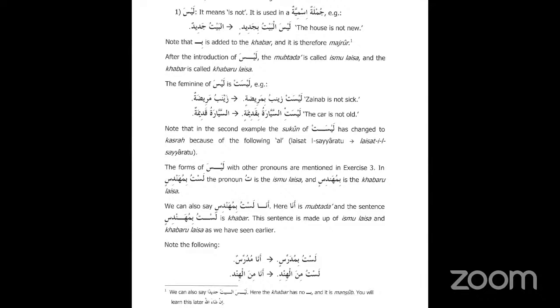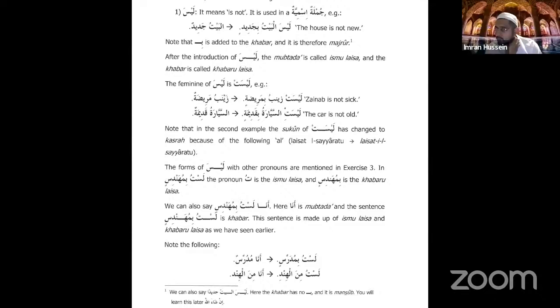The ism of Kana becomes marfu. Kana Zaidun Jamilun. So when Kana comes, it does the opposite of Inna. The ism of Inna is marfu and the khabar of Inna is mansub.